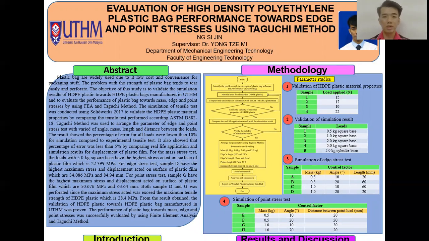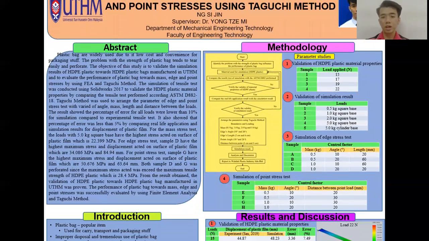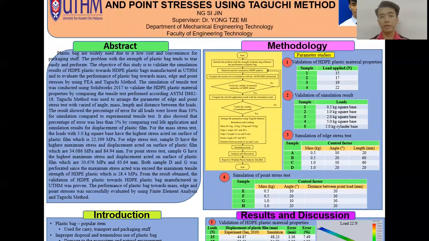After the material properties were verified, I need to compare the real-life application result with the simulation result. If the simulation result was verified, I will arrange the parameters by using the Taguchi method and run the simulation. After that, I will get the simulation result, and I will do the analysis and the discussion. Last but not least, all this result will be reported to the WADA Plastic Intrinsic Study.